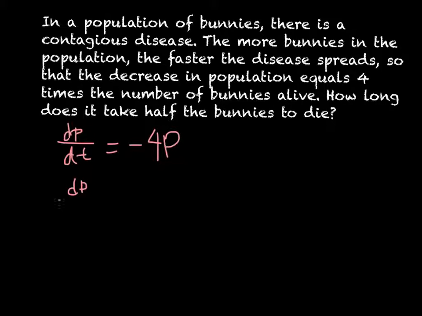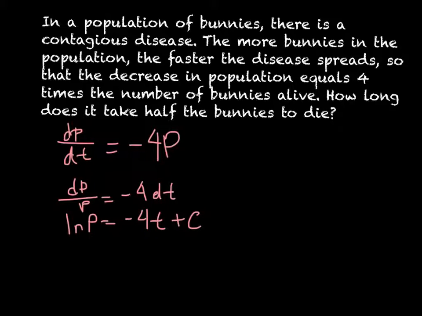So dp over p equals negative 4 dt. ln of p equals negative 4 t plus c. And so we end up with p equals a different constant, c, times e to the power of negative 4t. Now we want to know how long it takes half the bunnies to die.